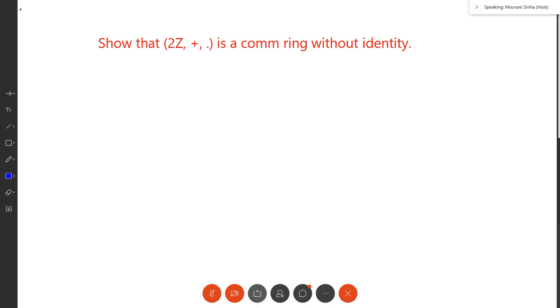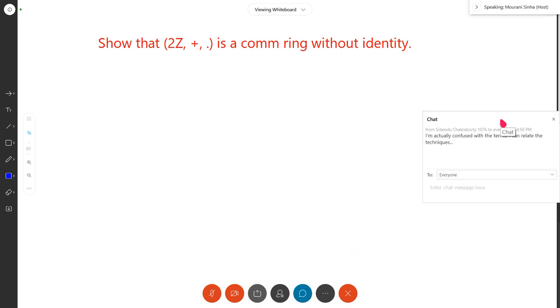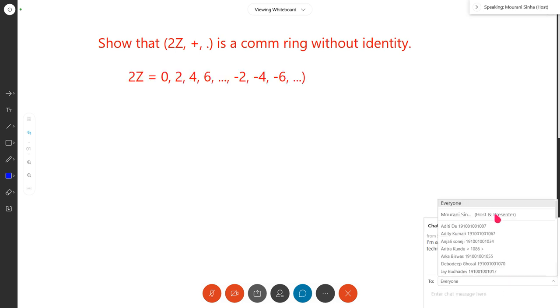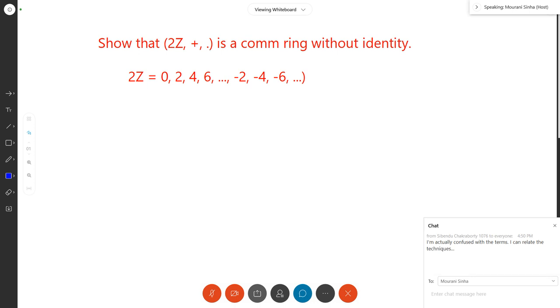So your 2z contains 0 and elements like 2, 4, 6, someone had mentioned till infinity, and also the negative elements -2, -4, -6, and so on till minus infinity.